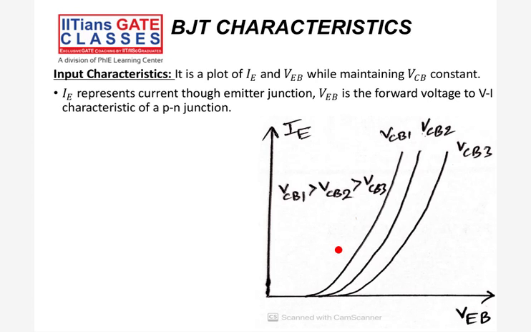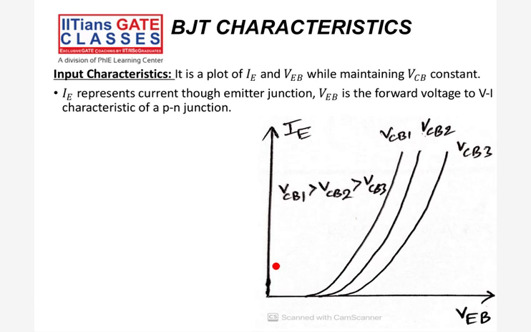So here, for a small value of VEB, the current IE is negligible. There is no current in the circuit. We applied a very small value at the input, so we have very small current. It means our transistor is not in conduction mode.